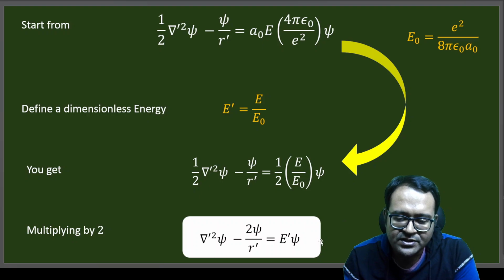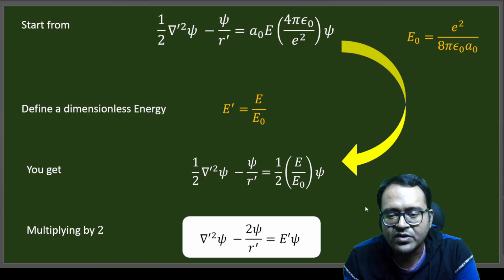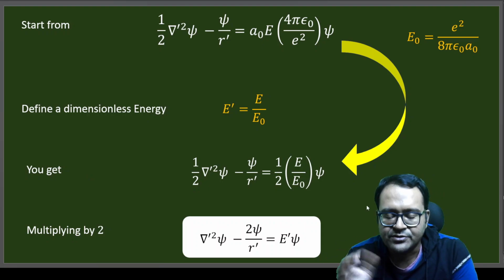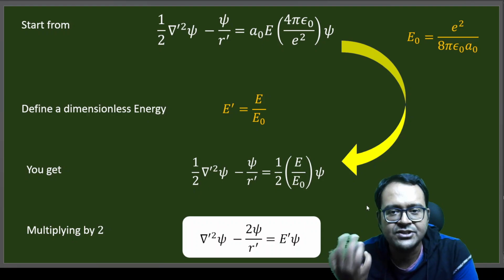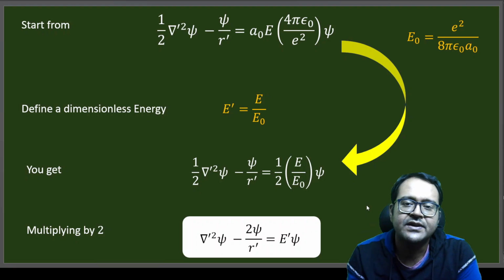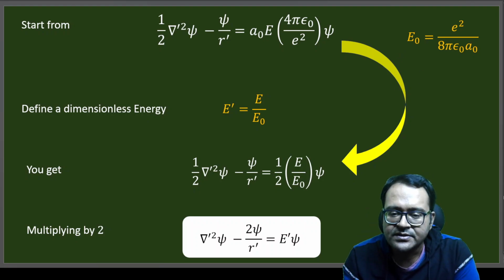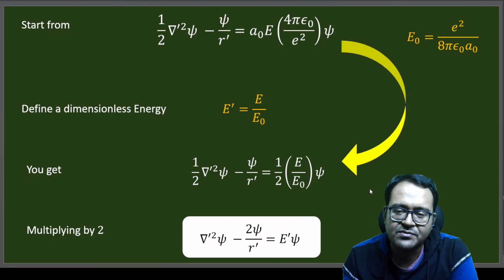In this equation, you don't see any other constants. You just have r prime, and you know E prime is E by E naught. Whatever r prime and whatever E prime you get, you're getting it as a factor of your a0 and your E0. Suppose you get r prime as 1.5.